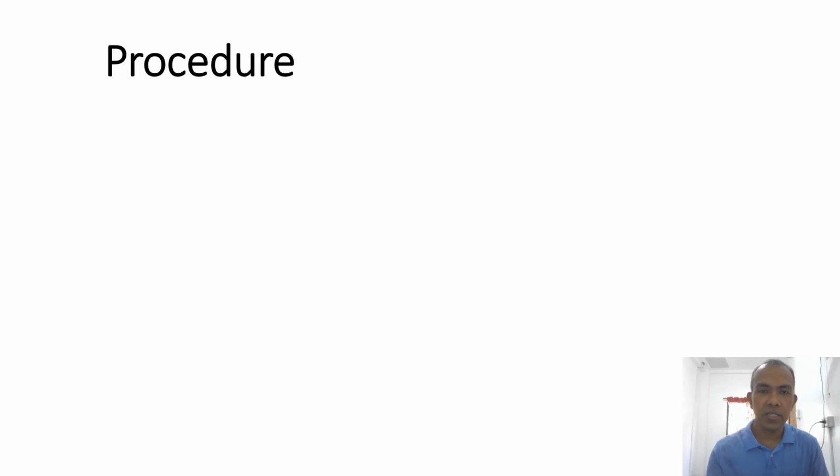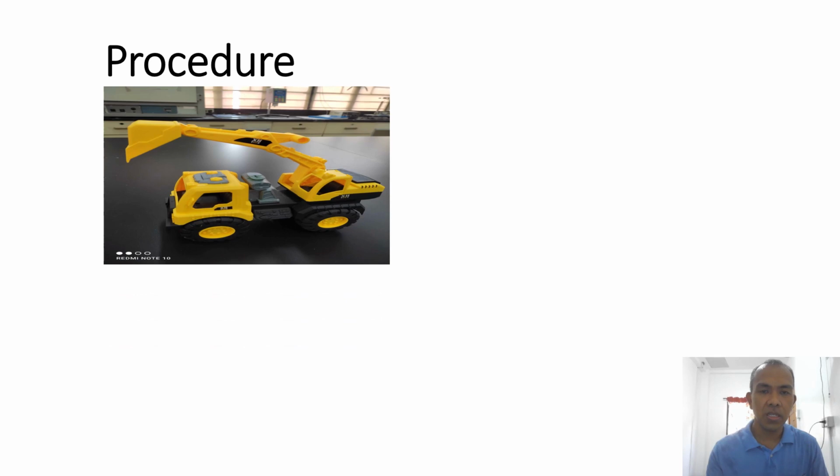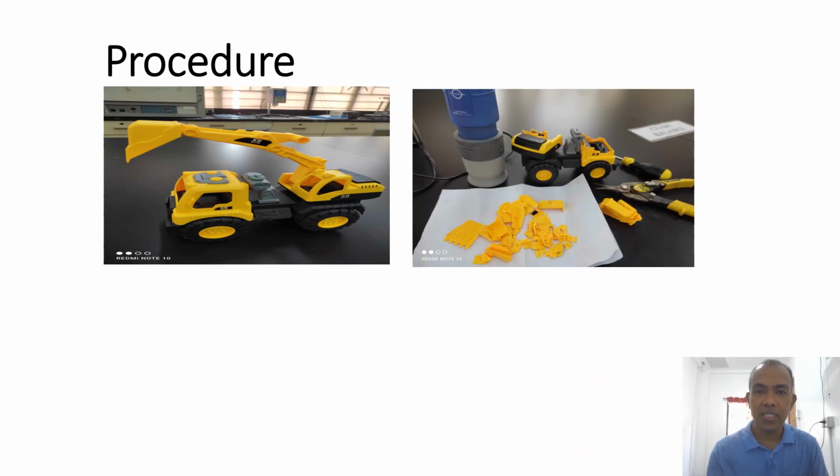So next, the procedure. This is the sample. I just got the yellow part, so para uniform. This is the toy truck that I purchased. This is the plastic mill that I use. So I cut first the sample into pieces so it will fit the mill.